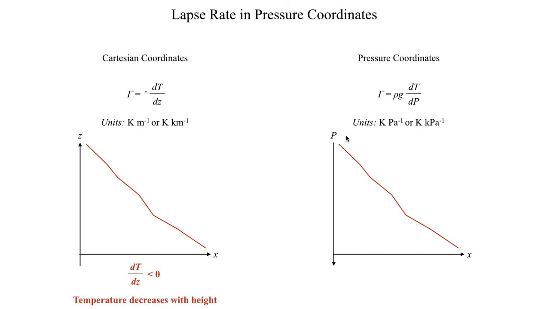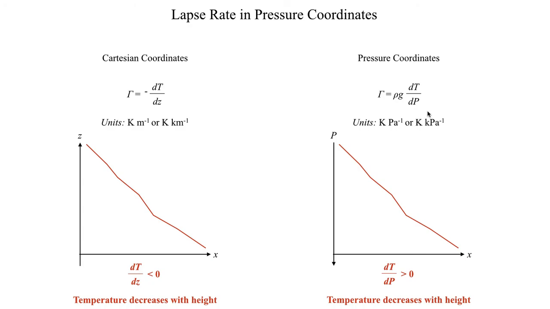So temperature decreases as pressure decreases, which means we have a negative value in the numerator and a negative value in the denominator, and those two negative signs do in fact cancel out. So since temperature decreases as pressure decreases, that tells us that our quantity dT/dp must in fact be positive.